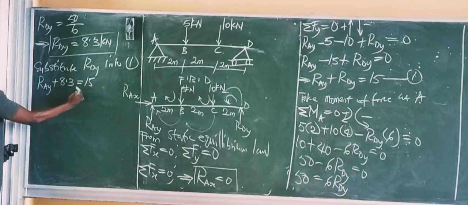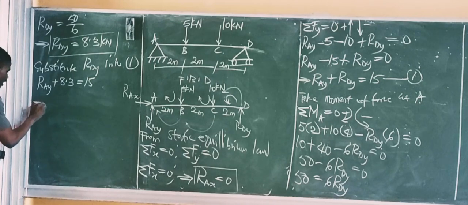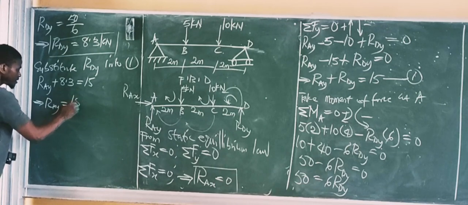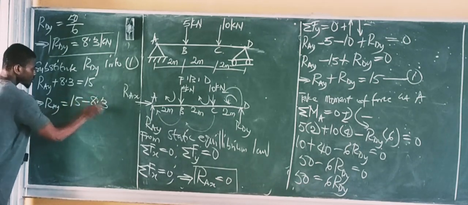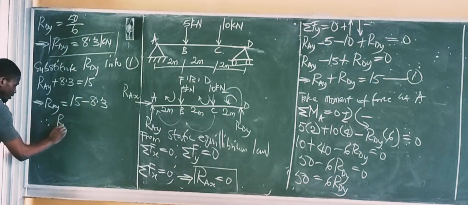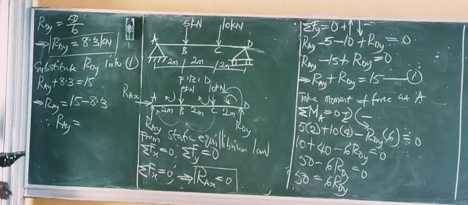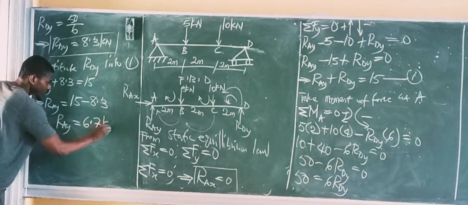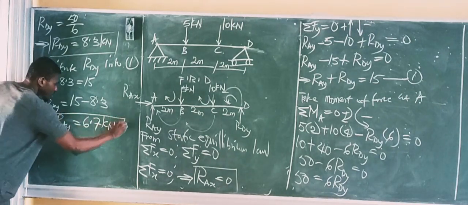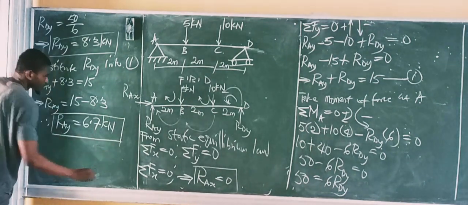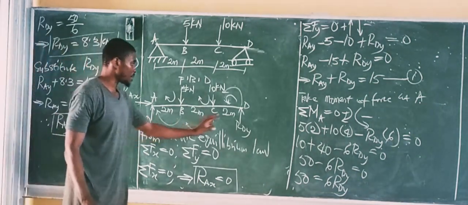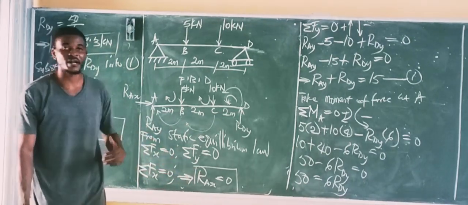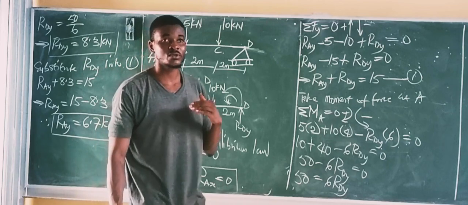Positive sign plus an equal sign becomes negative. So RAY is equal to 15 minus 8.3. Therefore, RAY is equal to 6.7 kilonewtons. So RAY and RDY are the reactions at point A and point D. Meanwhile, RAX was given as 0. So that is how you find the reactions at those supports.